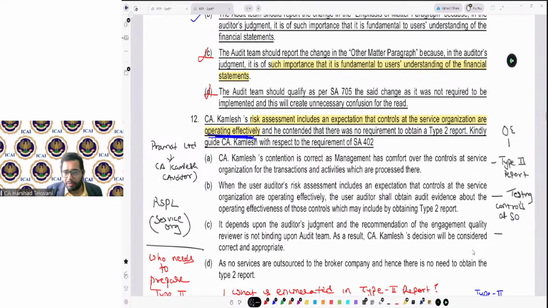Or number three, using another auditor to perform the test at the service organization. I can perform any of the three things to obtain evidence about operating effectiveness of the controls at the service organization, not necessarily the type 2 report.